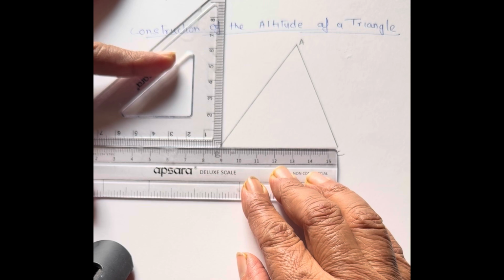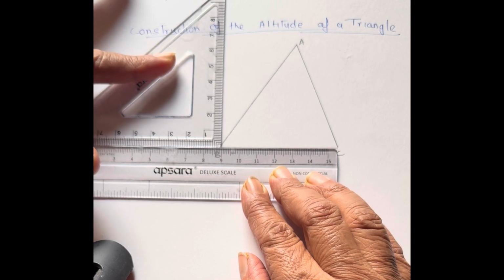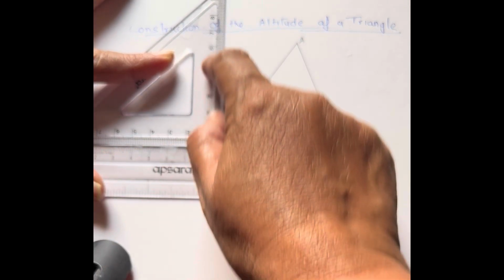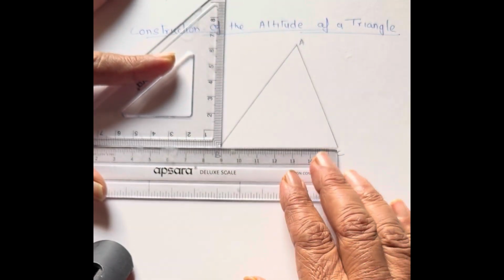First the ruler is aligned, then place the set square on the ruler like this, such that one of the edges of the right angle touches the ruler. This is the right angle, don't keep it this way.